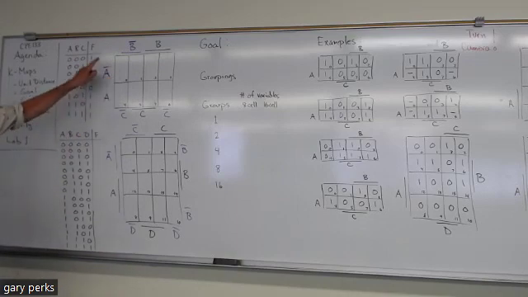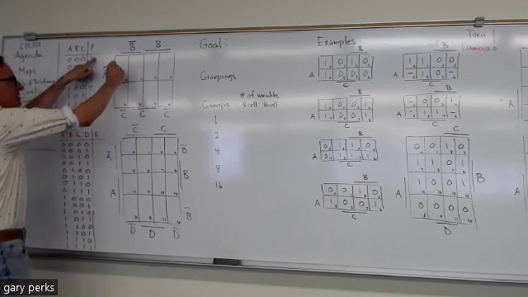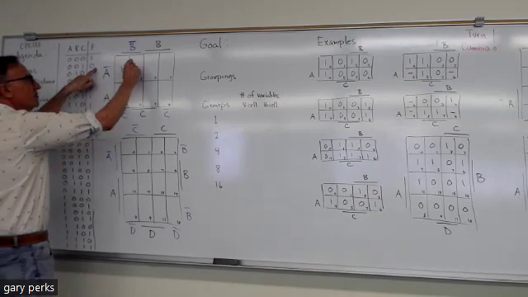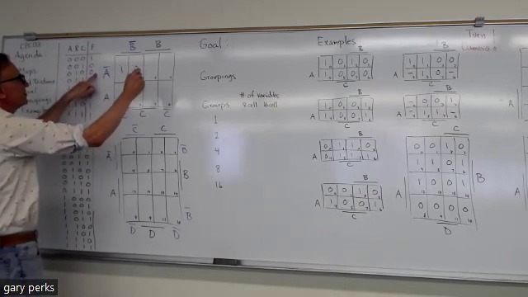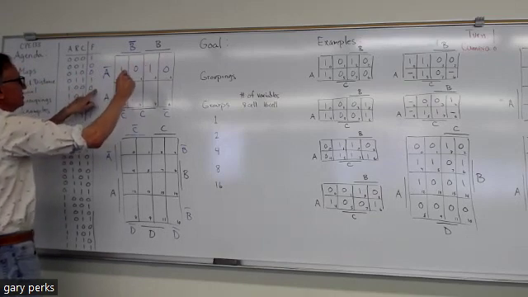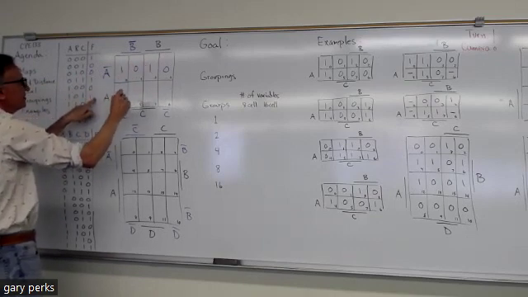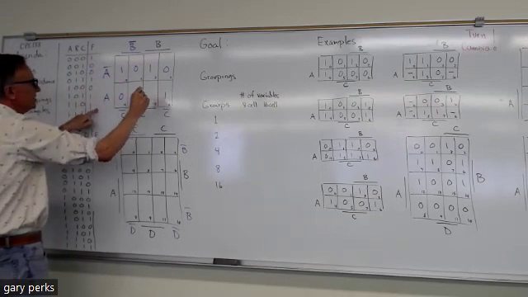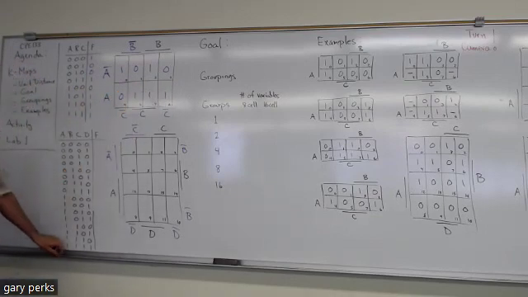Inside cell 0 would go 1, inside cell 1 would go 0, cell 2 would go 0, cell 3 would go 1, cell 4 would go 0, cell 5 would go 1, cell 6 would go 1, and cell 7 would go 1.